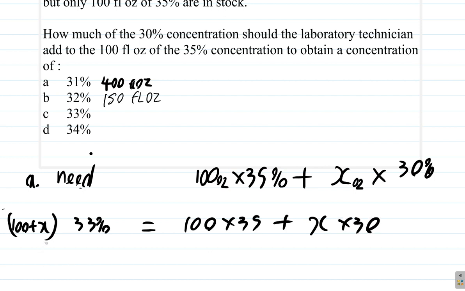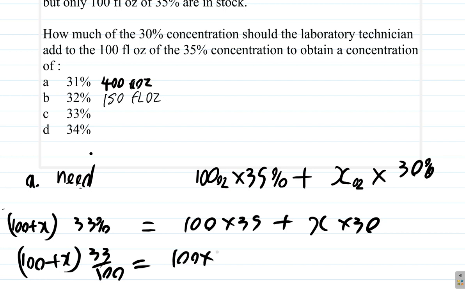So here, if you turn the percentages into fractions, you have 100 plus X times 33 out of 100 equals 100 by 35 out of 100 plus X times 30 out of 100.